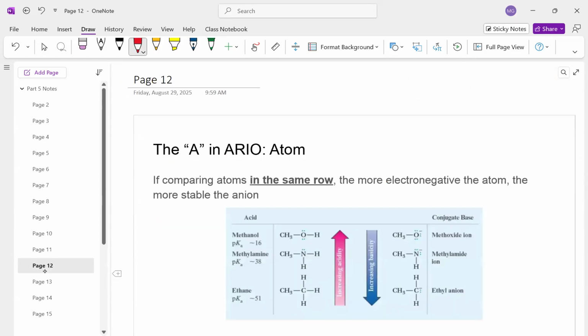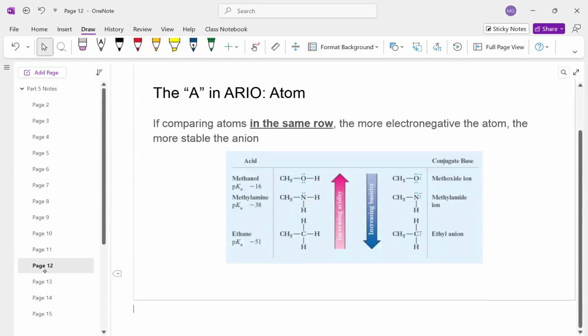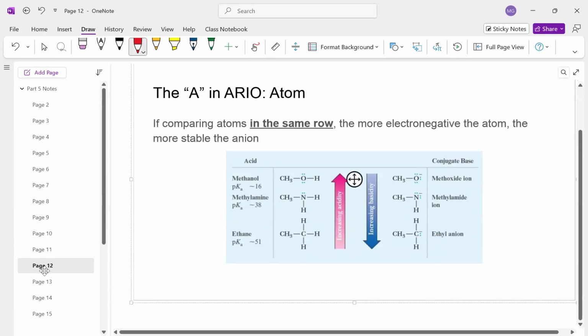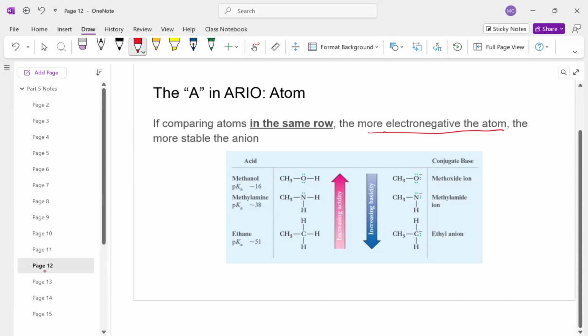So what does the A stand for? The A in ARIO stands for atom, and it depends on if you're comparing atoms in the same row or the same column. If you're comparing atoms in the same row, the more electronegative the atom, the more stable the ion.